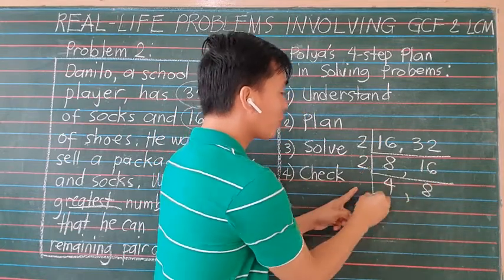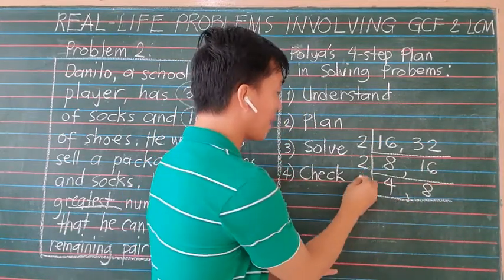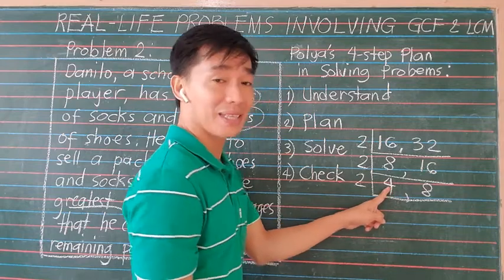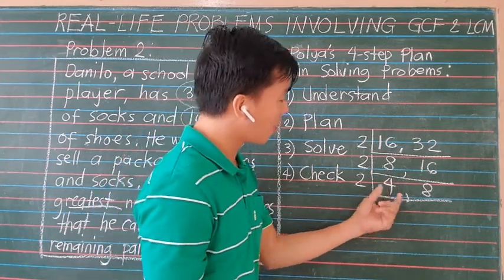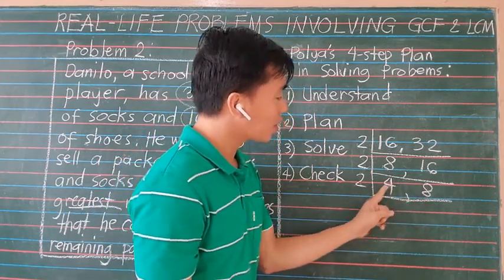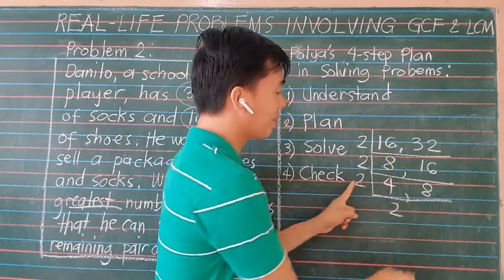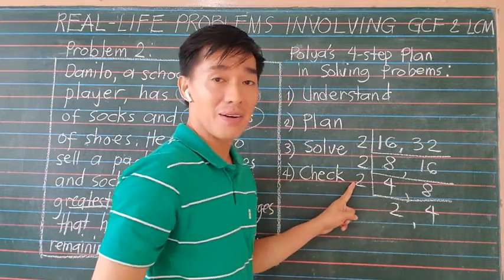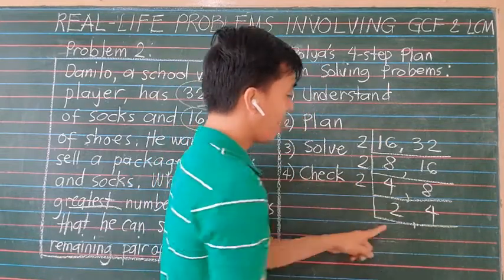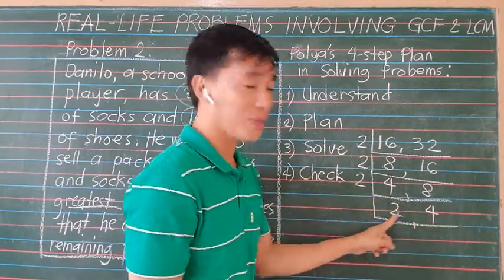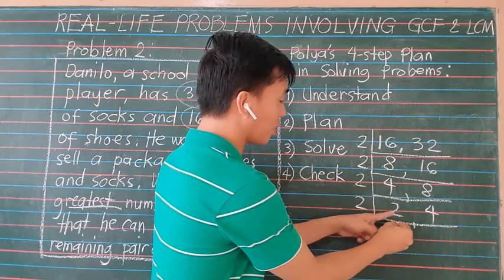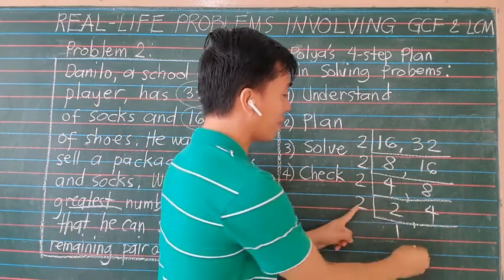Still, both numbers could be divided by 2 again. So let us continue until we end up with 1. So 4 divided by 2 is 2 and 8 divided by 2 is 4. Now, in this case, both numbers are divisible by 2. So 2 divided by 2 is 1. 4 divided by 2 is 2.